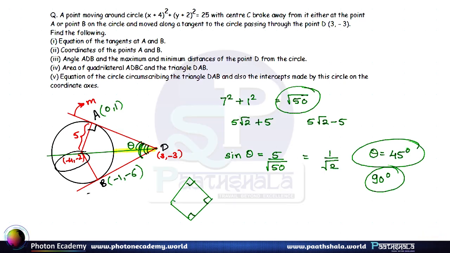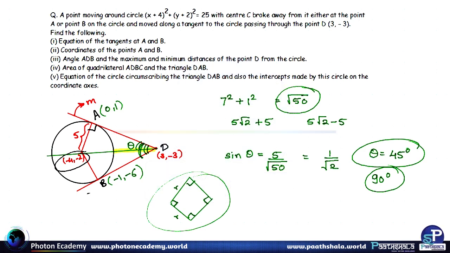So this also has to be 90. So the given figure is a rectangle, and we also know that this is equal to R and this is also equal to R. So basically the given figure is a square. So quadrilateral ADBC is a square.